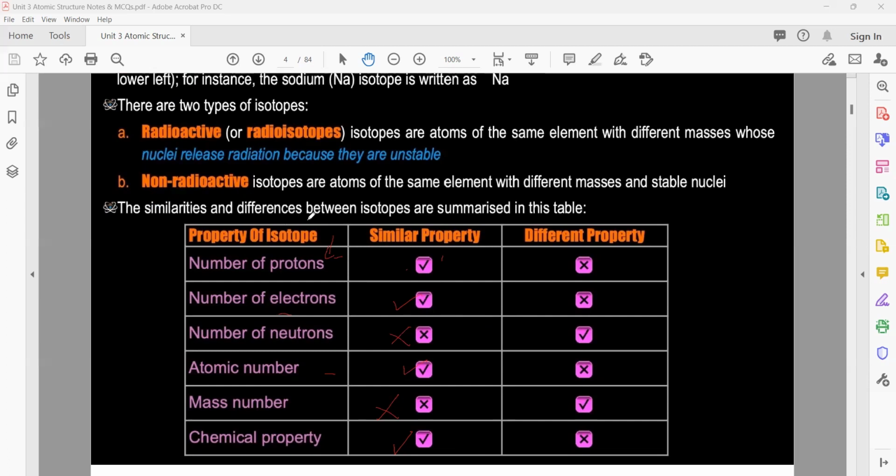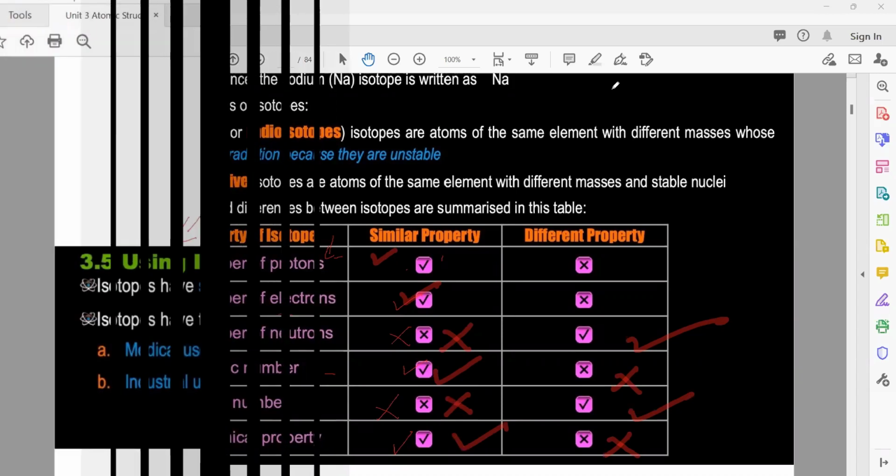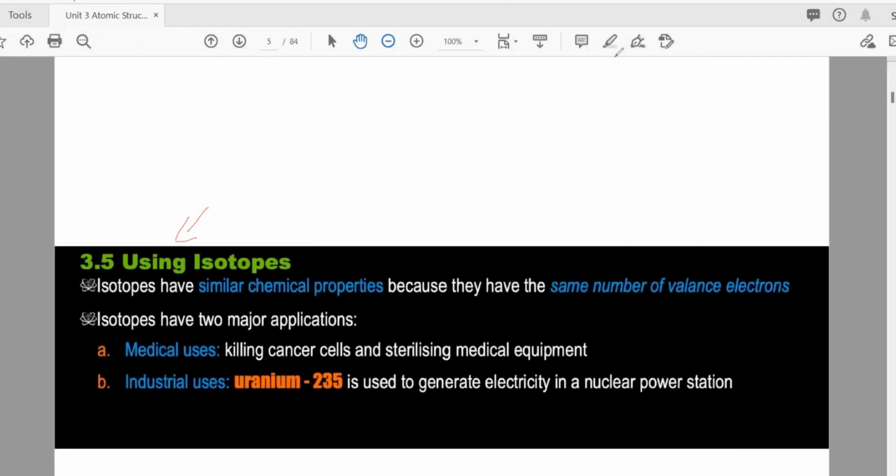The similarities and differences between isotopes are summarized here. Number of protons, similar in all. Number of electrons, similar in all. Number of neutrons, not similar, different. Atomic number similar. Mass number is not the same, all are different. Chemical properties are similar. So this is the main difference between isotopes of the same element. Did you get this one?